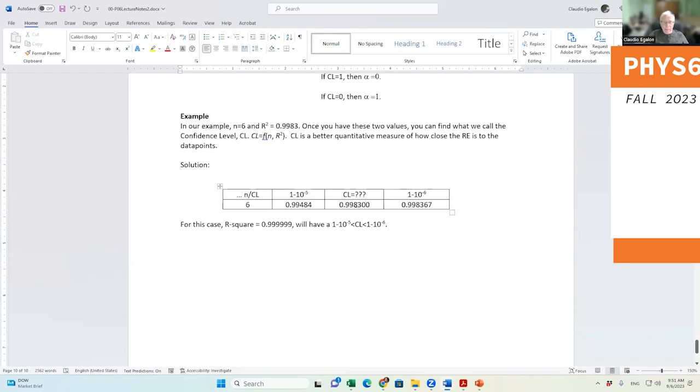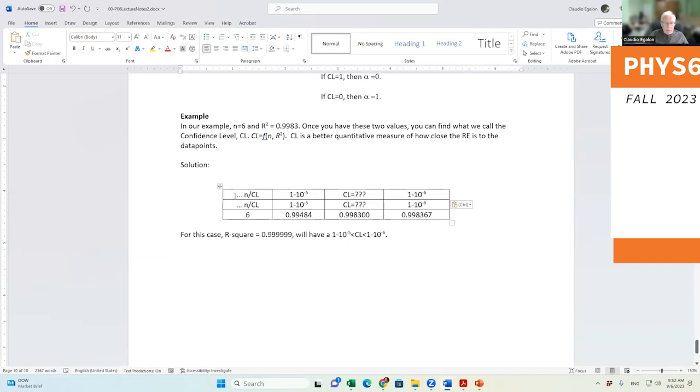Yeah, that's right. My expression of R square is less than the R square critical value, right? Okay, so are we going to use these tables to solve the problem in the future? Yeah. For the lab, yes.